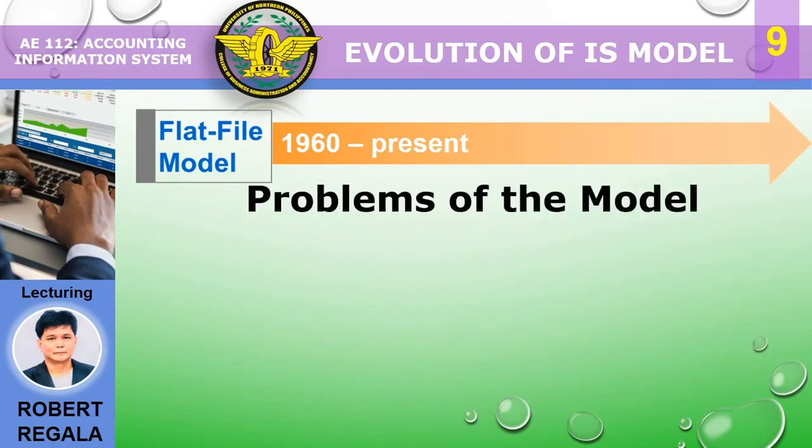Problems with the flat file model. The obvious problems stemming from the flat file model's data redundancy are: 1. Data storage. Because the databases are not related to, nor shared with each other, each department keeps their own database. In contrast, an efficient information system captures and stores data only once, and makes the source available to all users who need it.